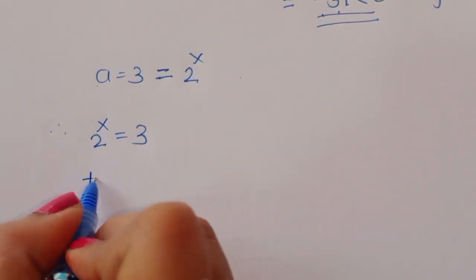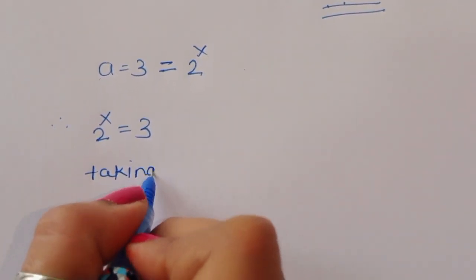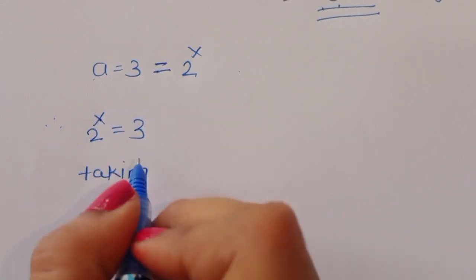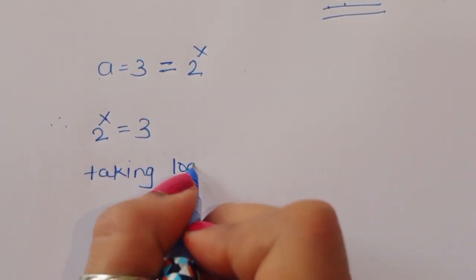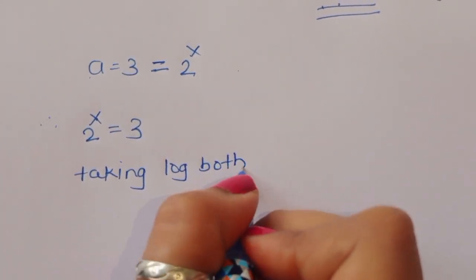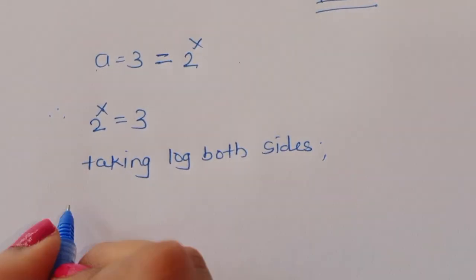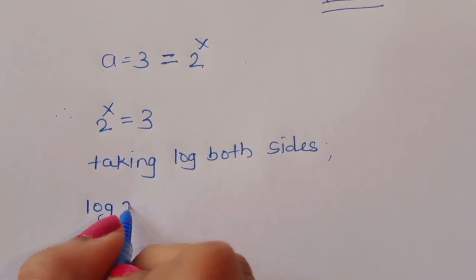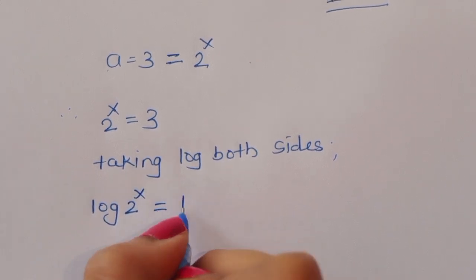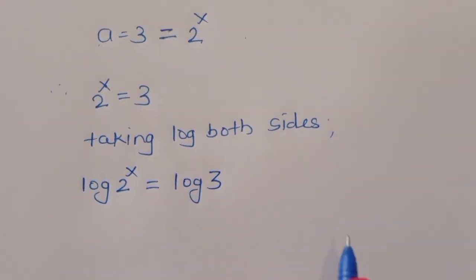So taking log, because we have to find the value of x, taking log on both sides, we will get log of 2 power x is equal to log of 3.